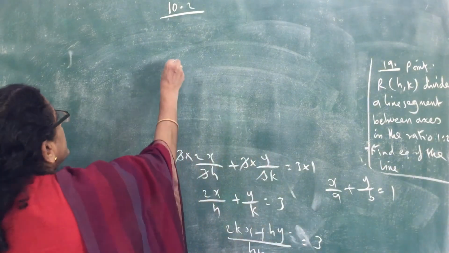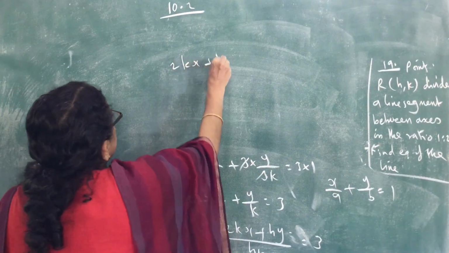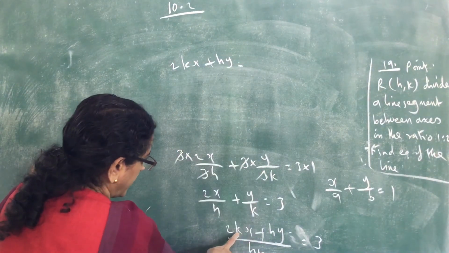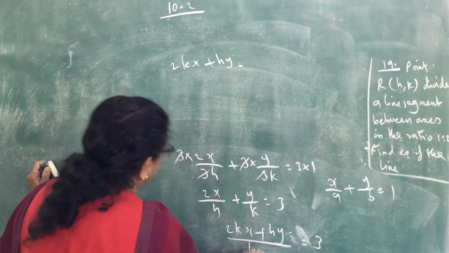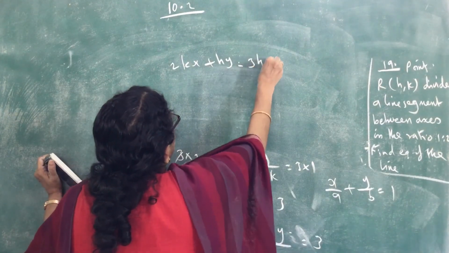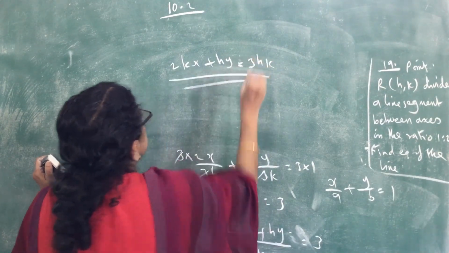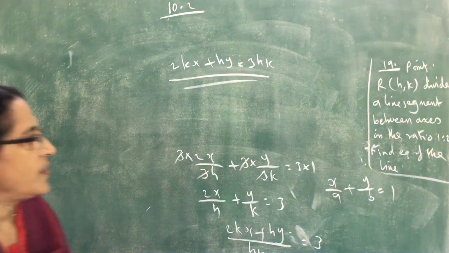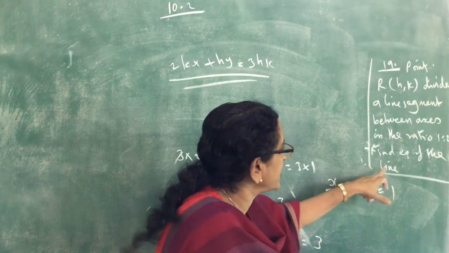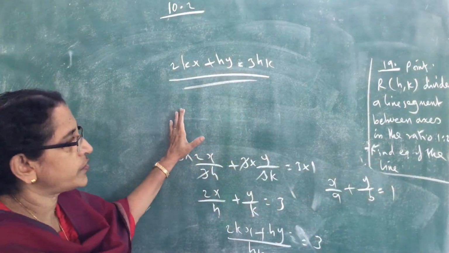Cross multiplying, 2kx plus hy equal to 3hk. So that is the equation of the line. The question is to find the equation of the line, and we got it.